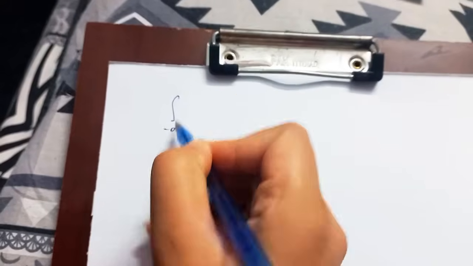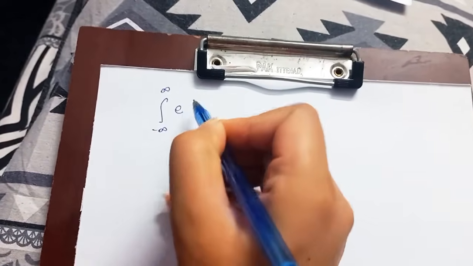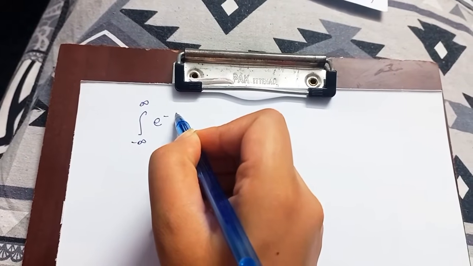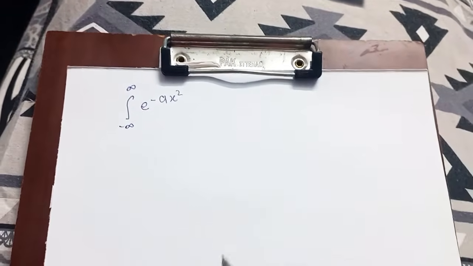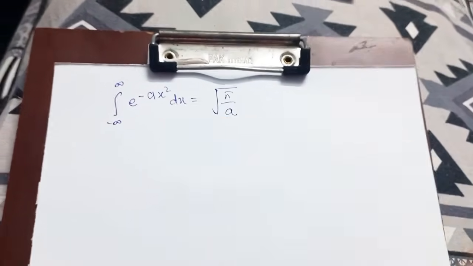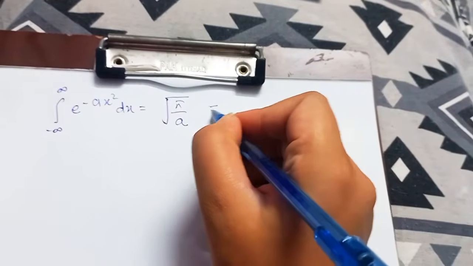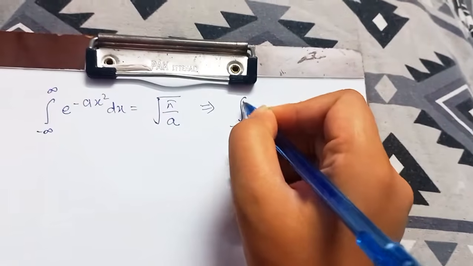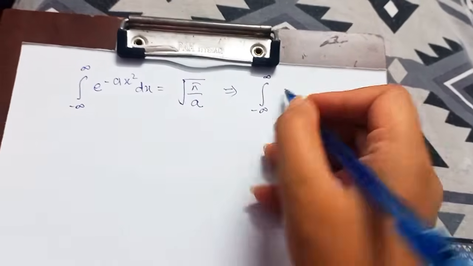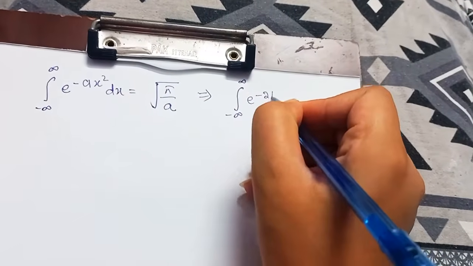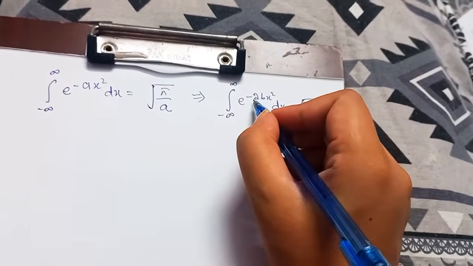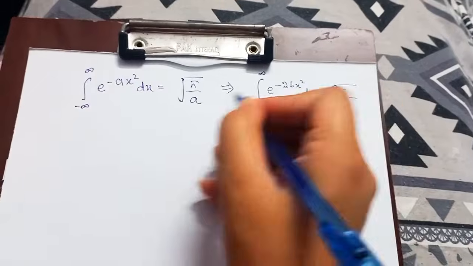So first is this integration, when we have e to the power minus ax squared, let's say like that form, then this integration will be pi by a simply, and in our case we have the limit of integration from minus infinity to plus infinity e to the power minus 2b x squared, so we'll replace a by 2b; in place of a we will put 2b.